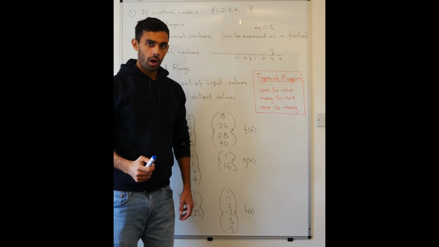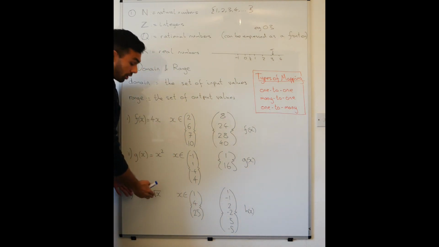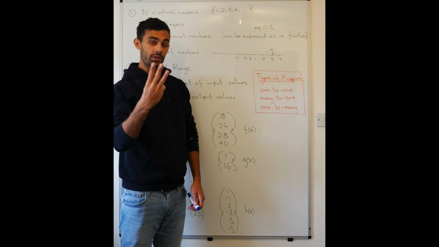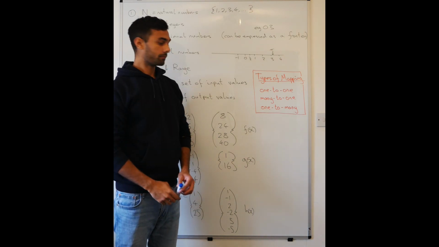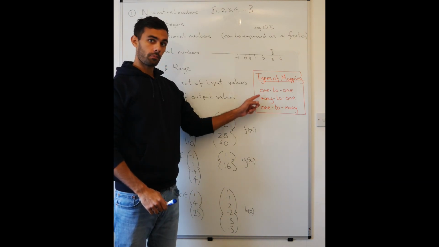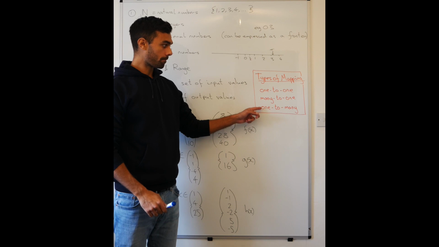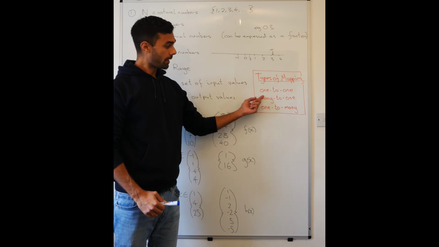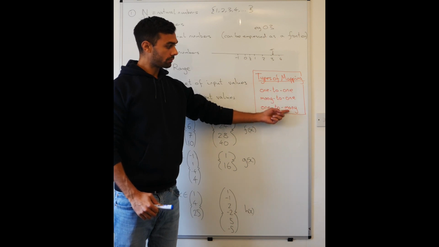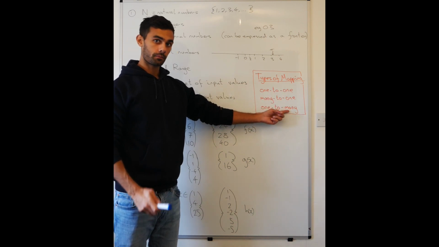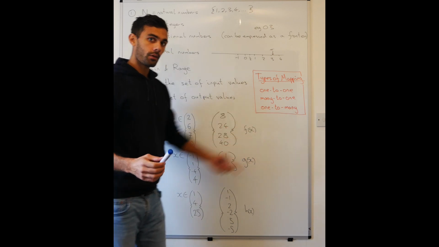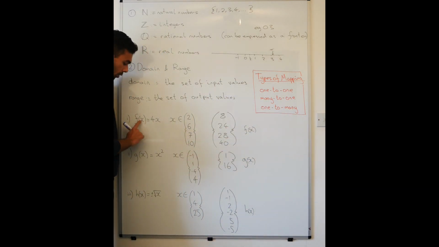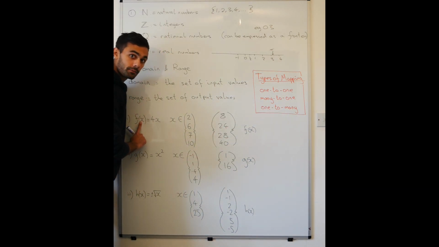We're now going to look at the type of mapping that each of these are. There are 3 types of mapping: one-to-one, many-to-one, and one-to-many. The words on the left represent the numbers in the domain, and the words on the right represent the range. To see what I mean, we're going to try and figure out what type of mapping f of x is.